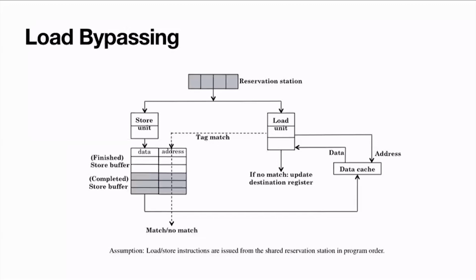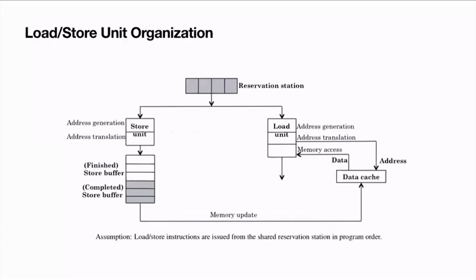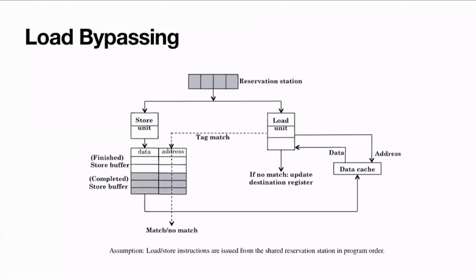So in addition to the store buffer entry, for each entry we are going to have an extra field that consists of the tag or the address. Now we take the tag of this load instruction and search in the tag field of the store buffer. If there is a match, that indicates that this load is actually dependent on one of the stores, then I cannot bypass that load.